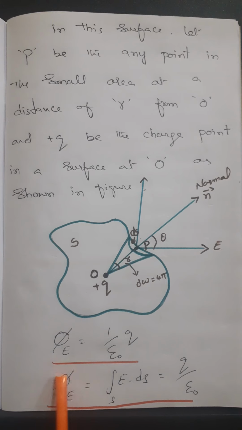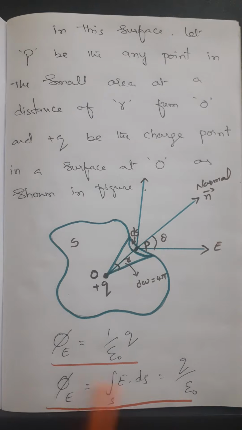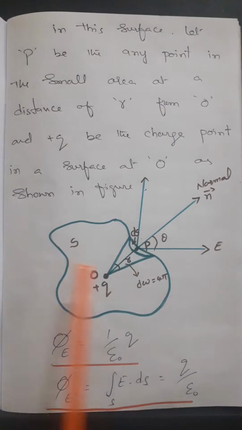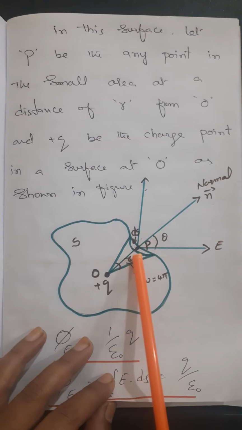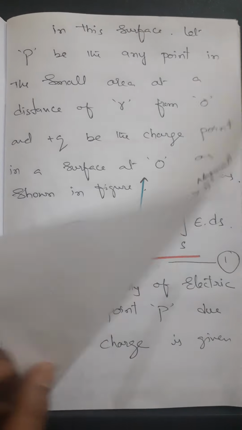We know that phi E can be given as the integration of E dot ds, where E is the electric field. That must be equal to Q by epsilon naught. First, we consider how much electric flux passes through the small surface element ds.